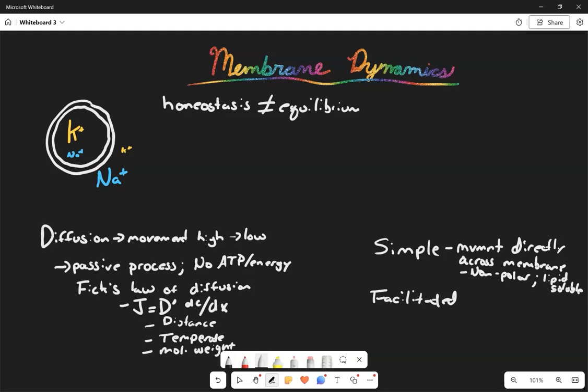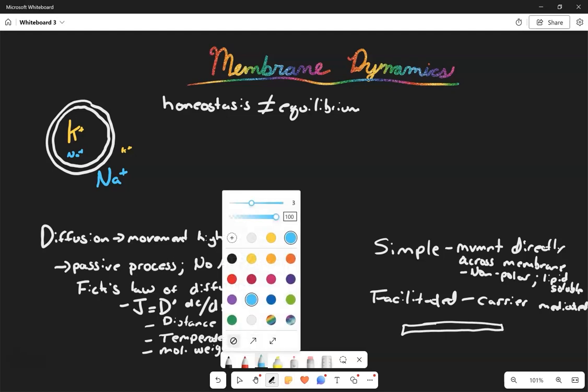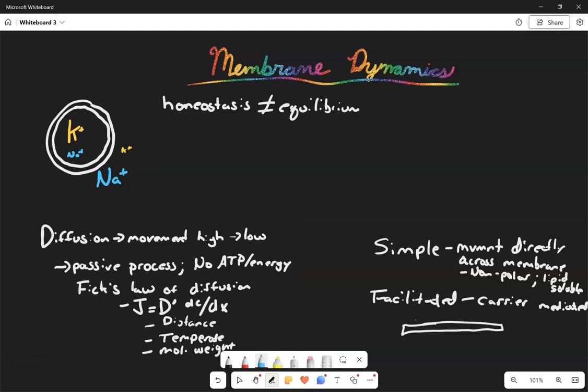Facilitated is where it is carrier mediated. Everybody remember the carrier proteins from the last video, right? Carrier mediated, where you have the membrane, like so, and there will be a protein like this, right?